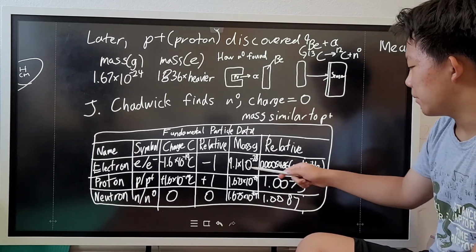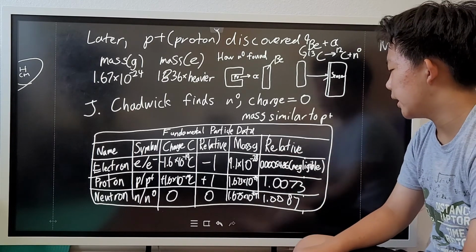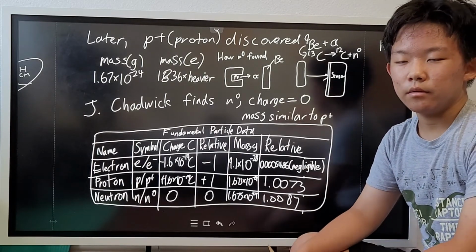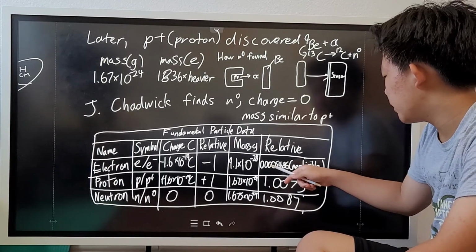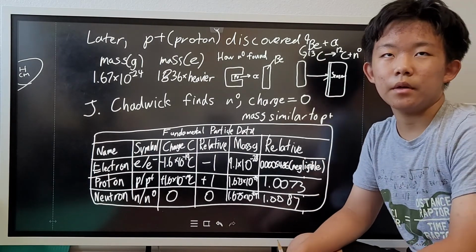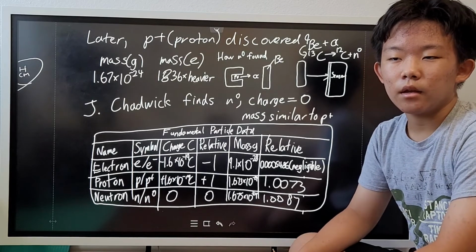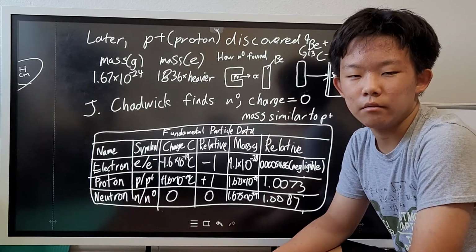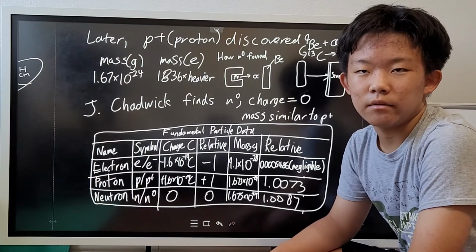The mass in grams is 9.1 times 10 to the negative 28, which in terms of relative mass is 0.00054886. Because it's so tiny, we don't really notice the electron when we're writing the molar mass of a substance.